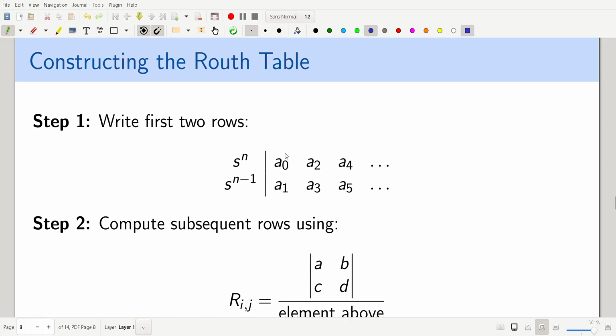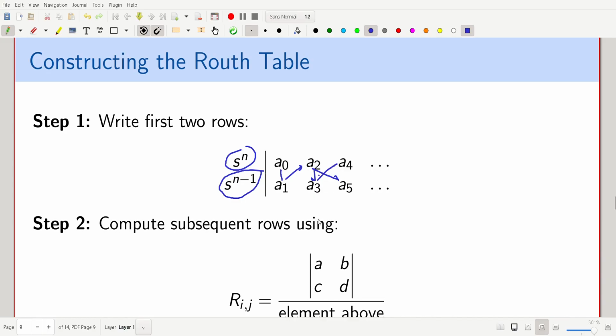First, for our characteristic polynomial whose roots we want to find, we arrange it in descending order, taking the highest order first and then the lower degrees, and put the coefficients like that.